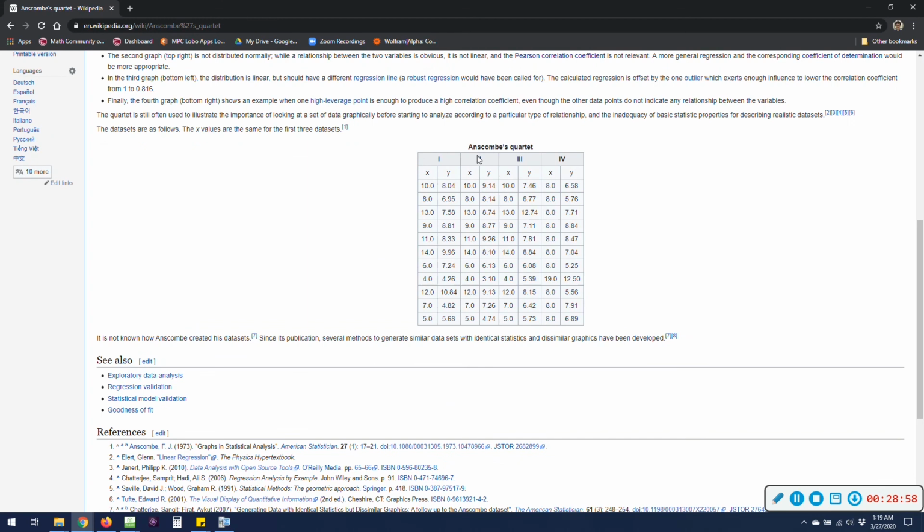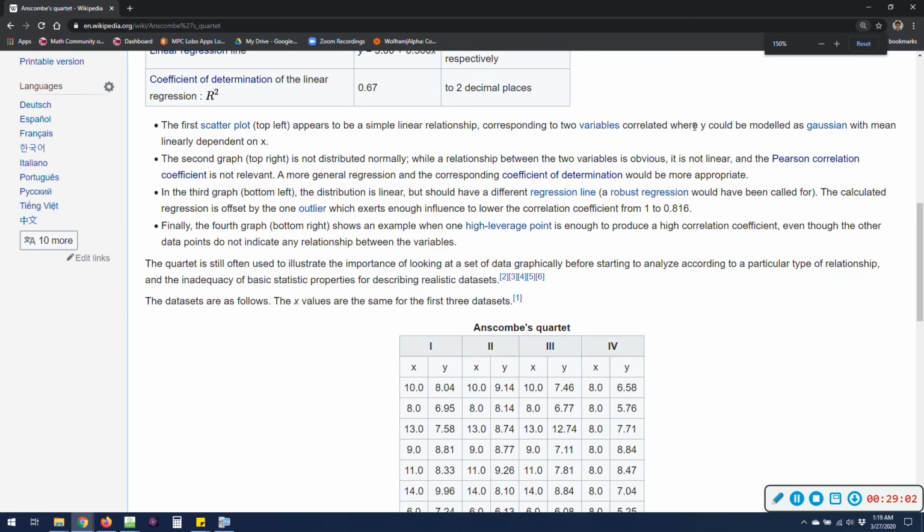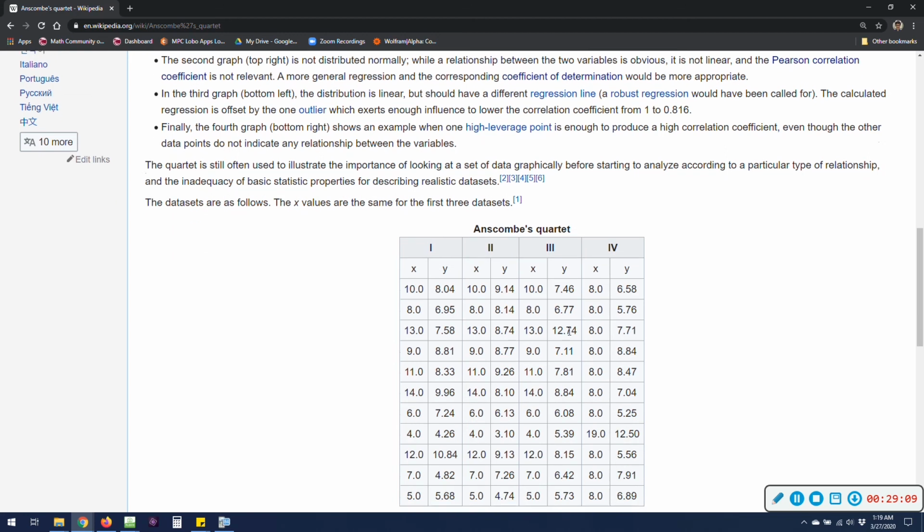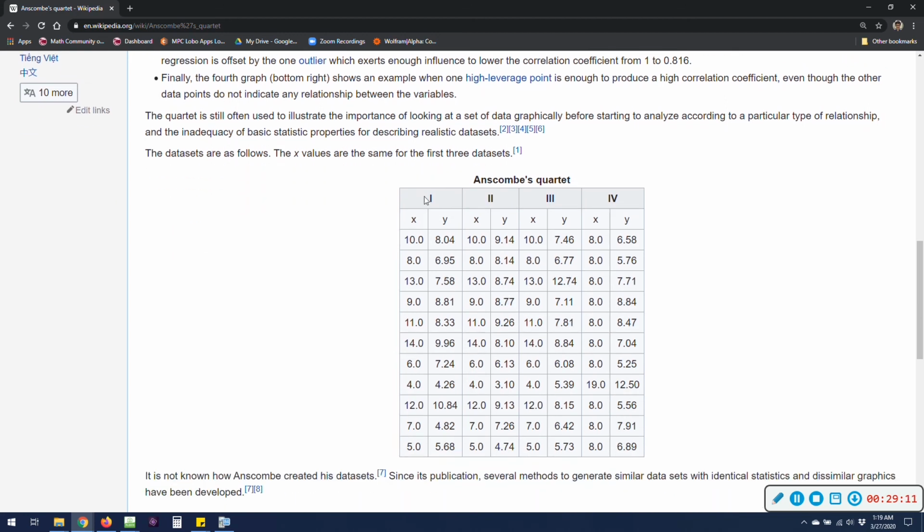I'm not going to try to say this person's name because I'll butcher it, but this is Anscombe's quartet. Here we have four data sets, 1, 2, 3, 4, and you have four sets of x's and y's.